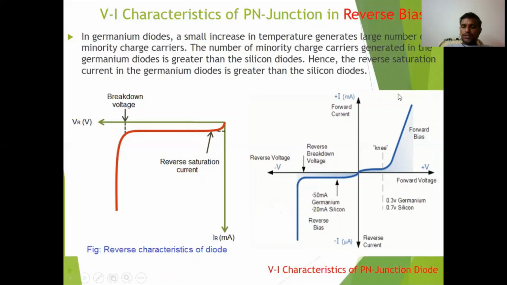That is the reverse saturation current. At this point where more current starts flowing in the forward bias condition, that voltage is called the knee voltage. That is 0.3 volts for germanium, 0.7 volts for silicon. So this is the VI characteristics of the p-n junction diode, both in forward bias and reverse bias.